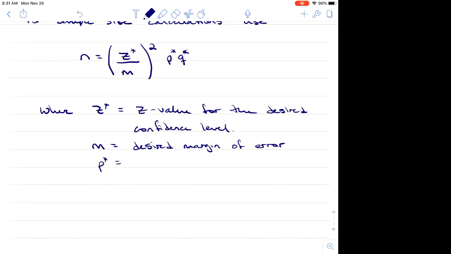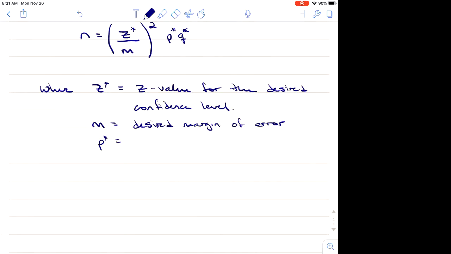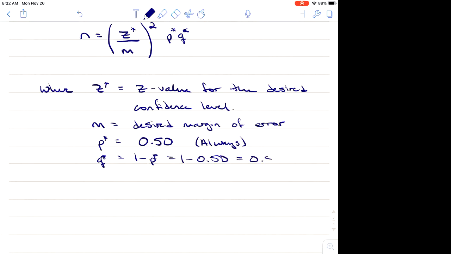P star for these calculations, there are lots of ways that we can do it, but I'm going to go with the most conservative estimate. P star is going to be 0.5, always. And so Q star is 1 minus P star, which is 1 minus 0.5, which is 0.5.